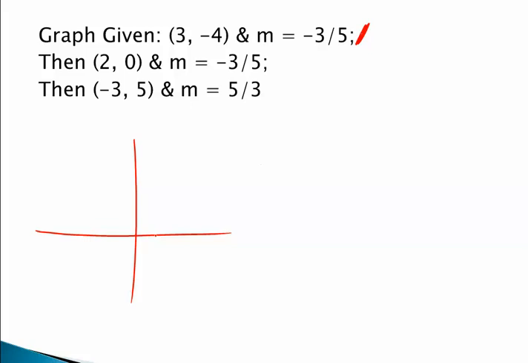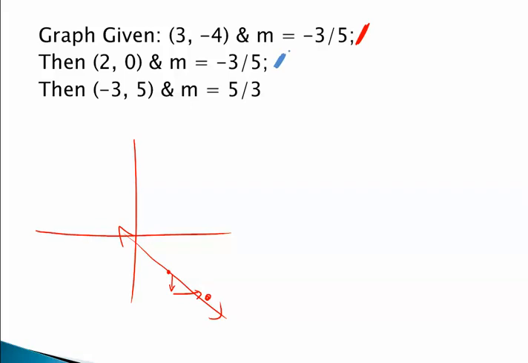So I would go to 3, -4 on the graph, and I would go down 3, and then right 5, and I would plot my point, and I would draw my line. If you're using graph paper, yours will hopefully look a little bit more accurate than mine does.